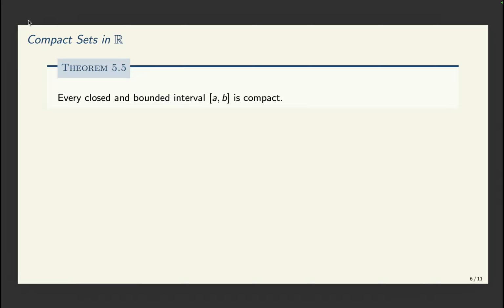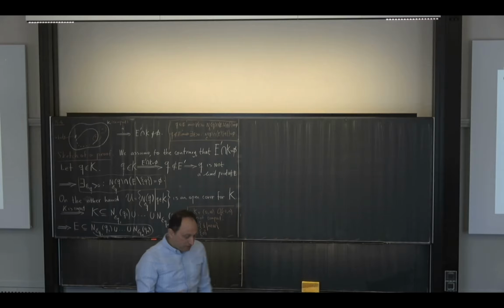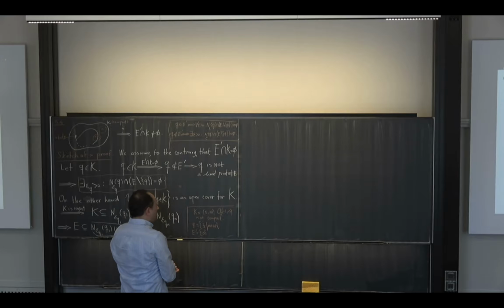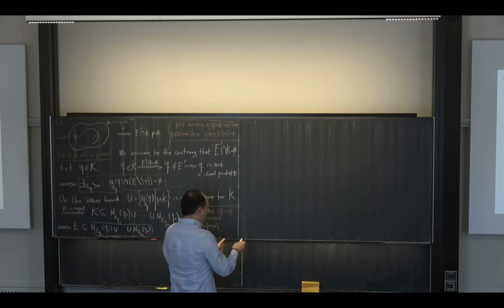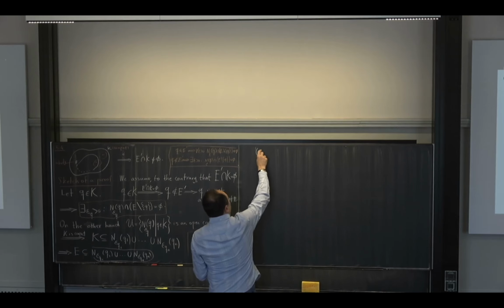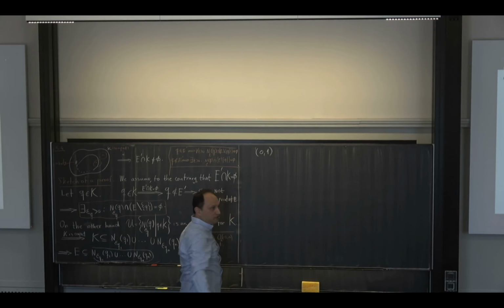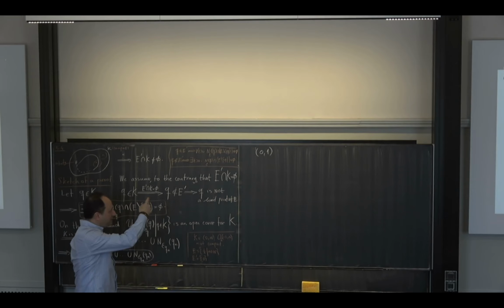This very simple, innocent sentence has a very long proof, and it's technical. I want to go through a sketch of the proof for you, to at least feel how it works. But last time, do you remember? I don't know how many of you remember. What is your opinion about this open interval? Do you remember we did this in full detail and showed that this is not compact?